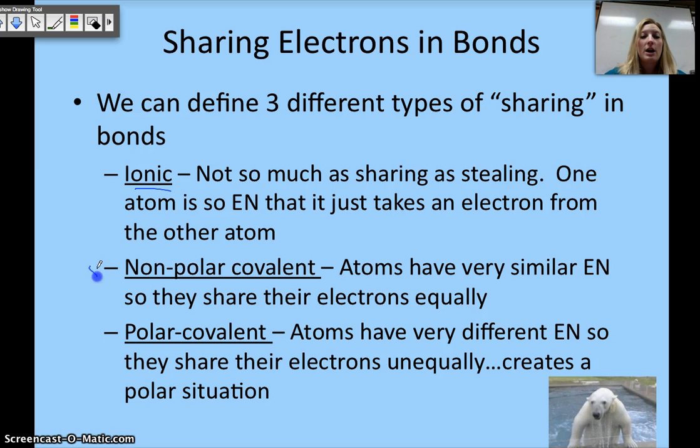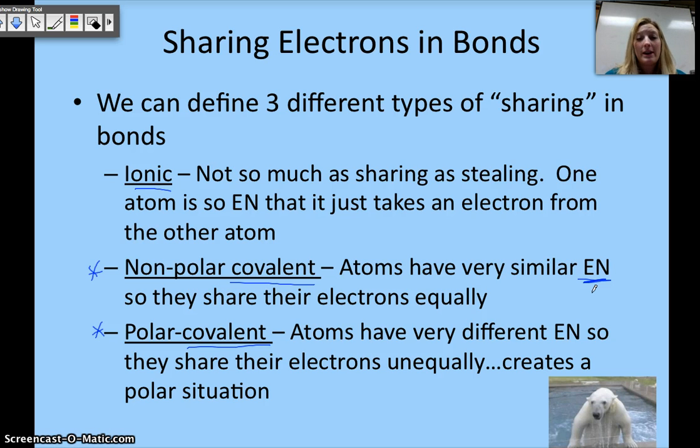These two bonds, non-polar covalent and polar covalent, they have the covalent in it. That means that they are sharing those electrons. In a non-polar covalent, atoms have very similar electronegativity values, so that they share their electrons equally. It's a fair sharing.